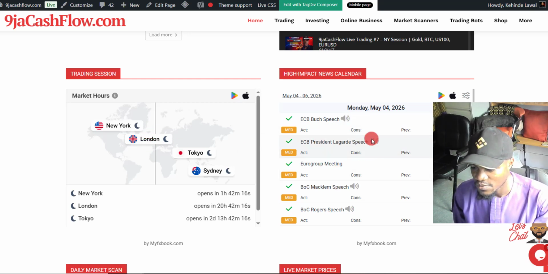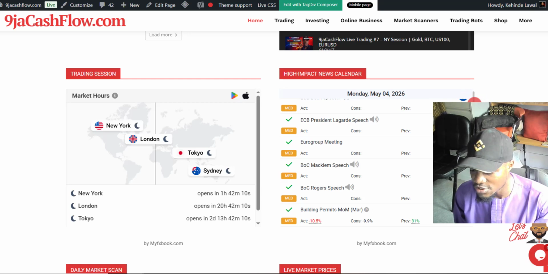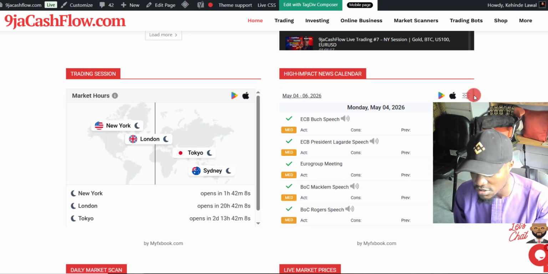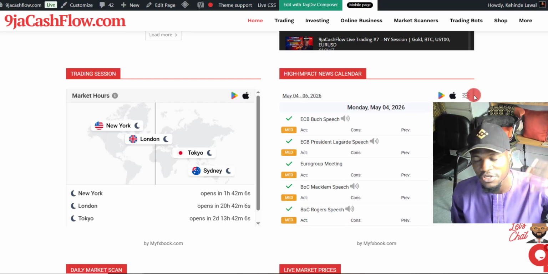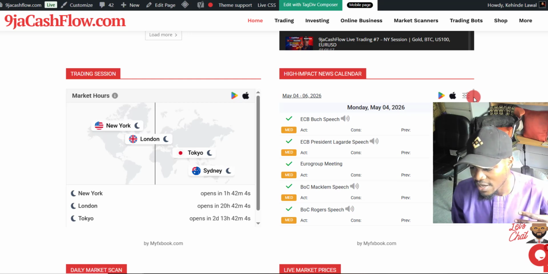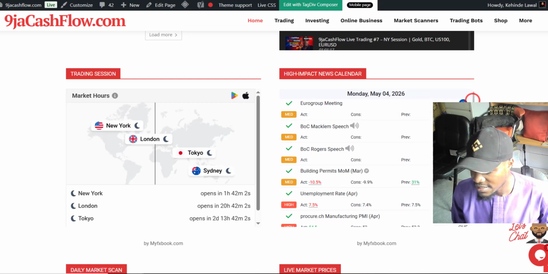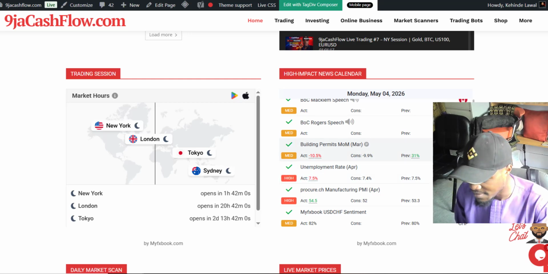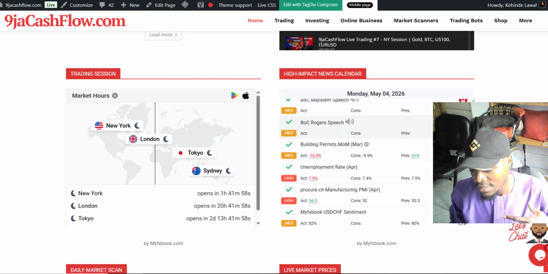At the right hand side we have the high impact news calendar. This is showing us news that are most likely to impact the market and cause volatility or fluctuation in price. Okay, so we have the medium impact, and the red ones are the high impact. Sometimes you might need to wait for the news before entering your setup, if it's applicable to your pair.